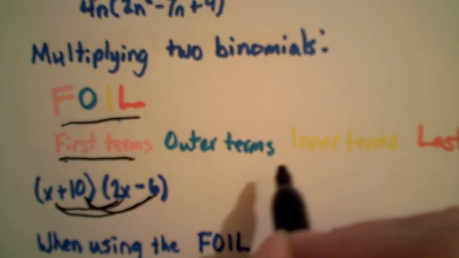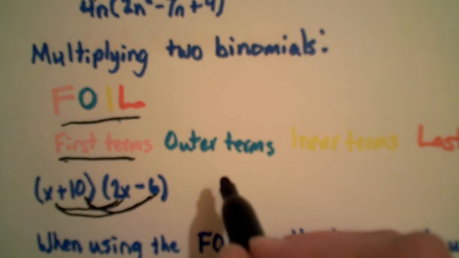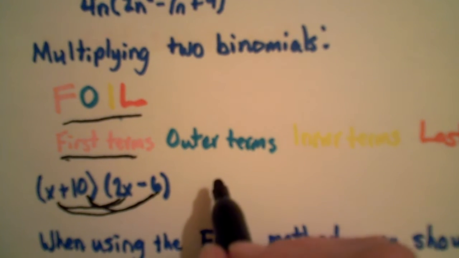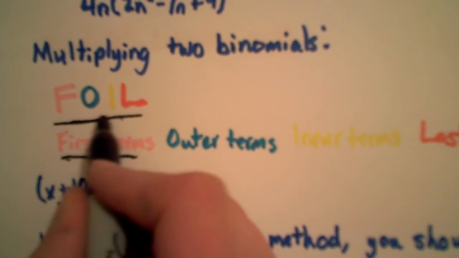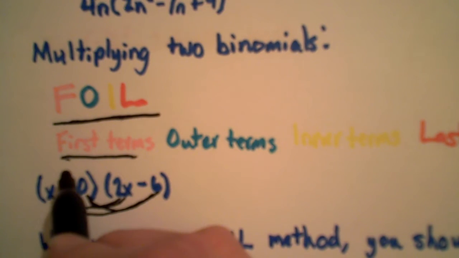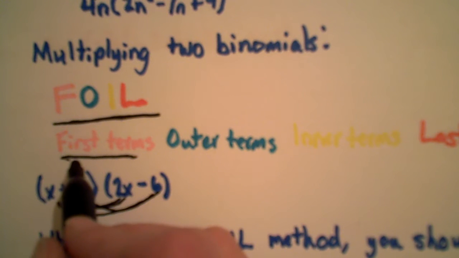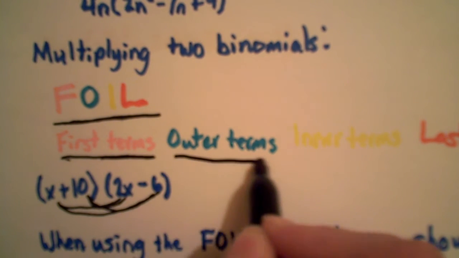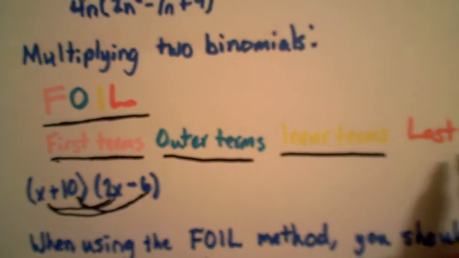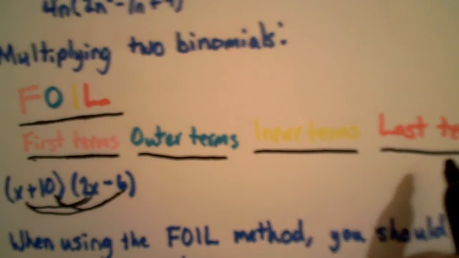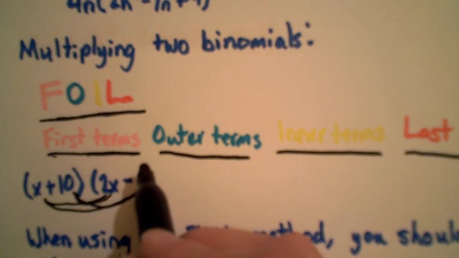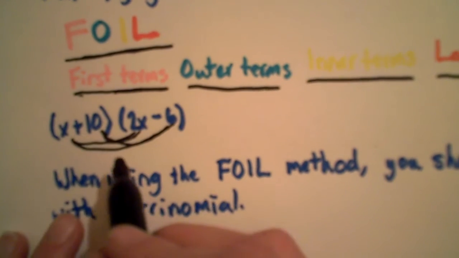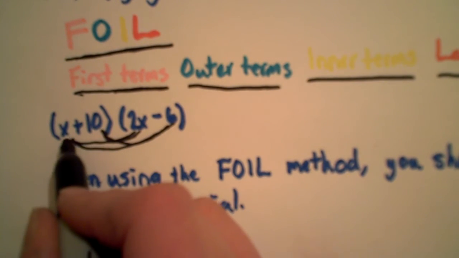Then you can also multiply two binomials, and this is when it gets really fun. Then you get to use the FOIL method. The FOIL just is an abbreviation for first terms, outer terms, inner terms, and last terms. And it's just a reminder to help you remember what to do. So you're going to take it like in this example.